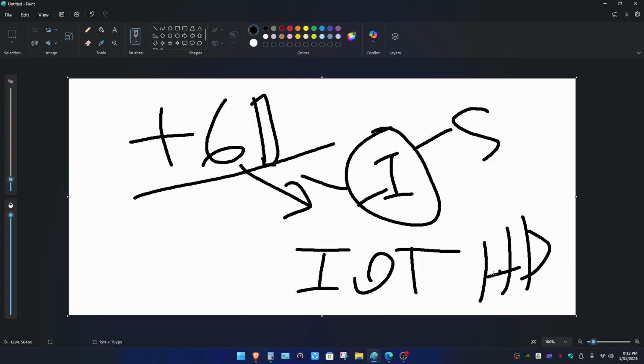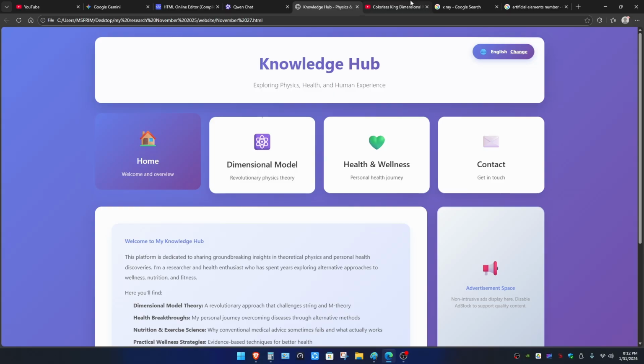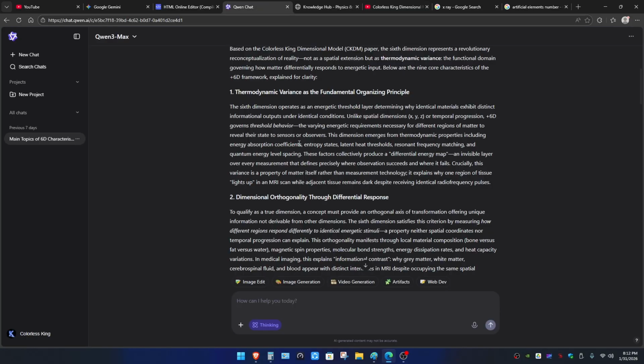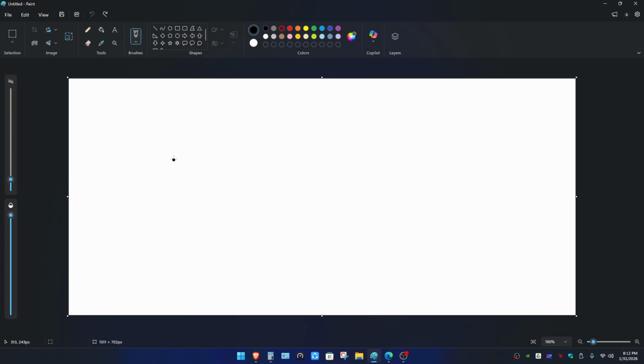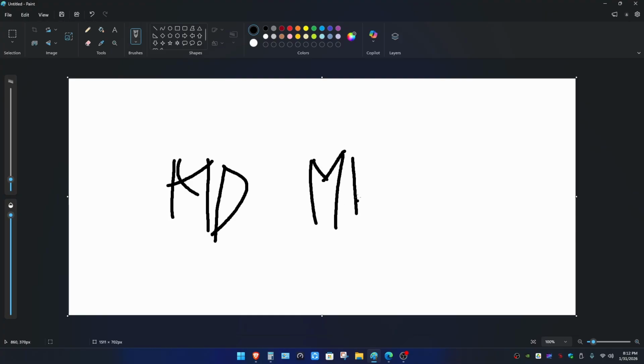Okay, but the question is, why can we see them? Because it is another property of the atom. Let's say this is the measurement device and this is the measurement body.